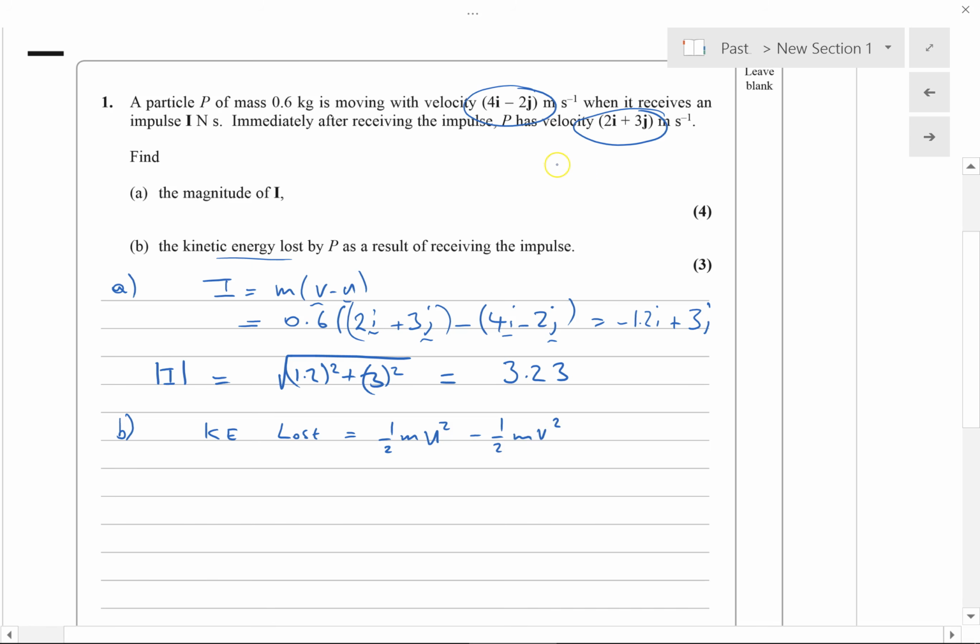Now you might be tempted to work out u and v separately, say u is equal to the square root of 4 squared plus 2 squared, but in fact we can just take the components. So that's a half times 0.6 times (4 squared plus 2 squared), take away half of 0.6 times (2 squared plus 3 squared).